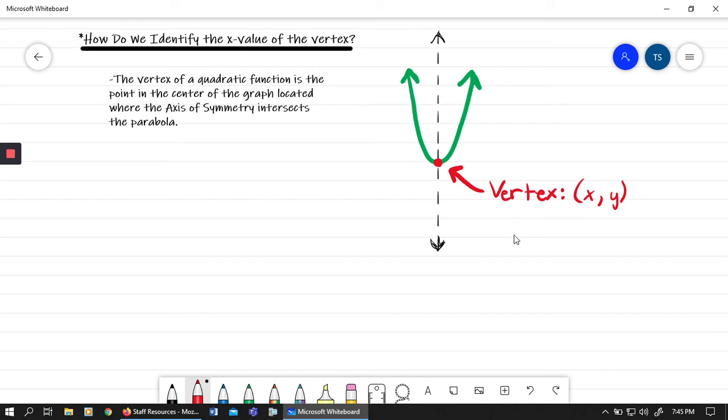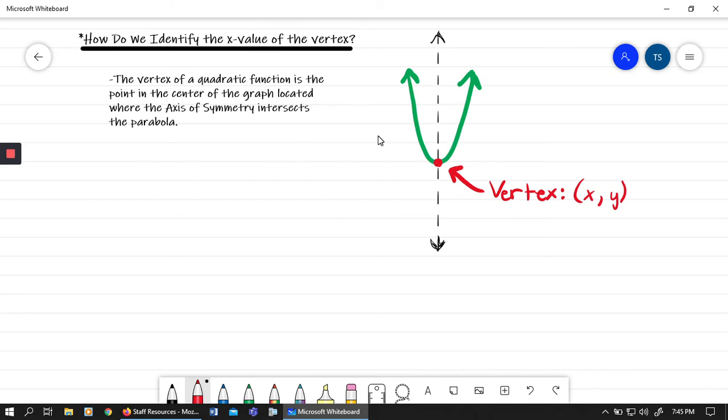The vertex is an ordered pair, or a coordinate point, just like every other point on the graph of the parabola, but we just happen to be focusing on this one point for right now. Every other point is, of course, an ordered pair where you've got an x value and a y value.